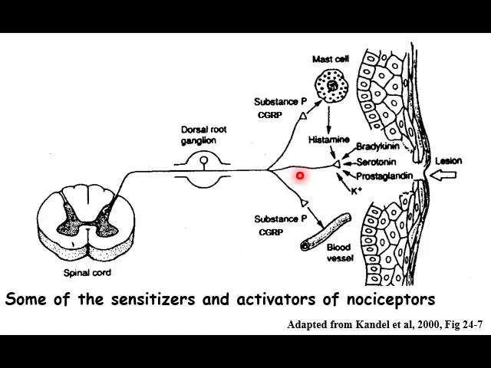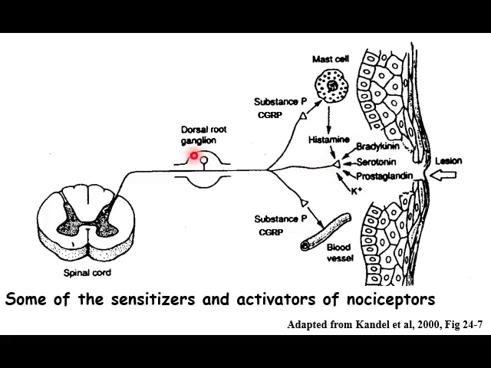Some of those activities are seen a little bit more clearly in this setting, where we have damage to the tissue, and as a result we have the production of bradykinin, serotonin, prostaglandins, and potassium from the cells that are damaged. They activate or directly depolarize the nociceptor.